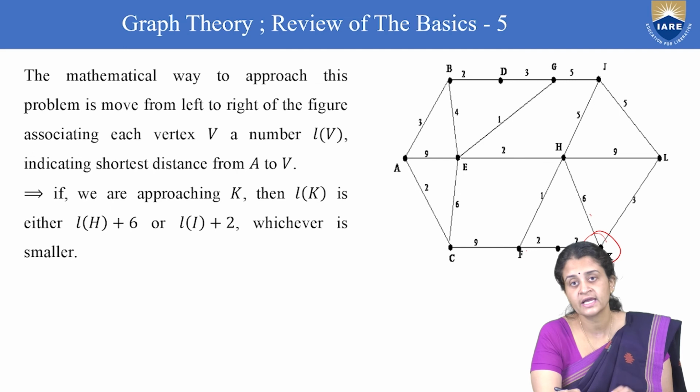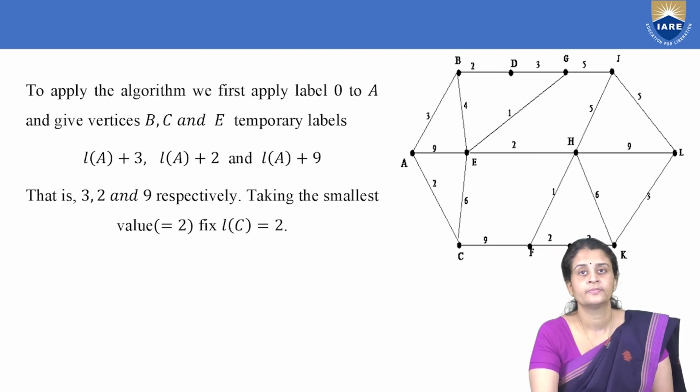That is, we are assigning a number L of V to each vertex, whose distance is shortest from the originating vertex, here A. We have to find the distance from A to that vertex. Okay.